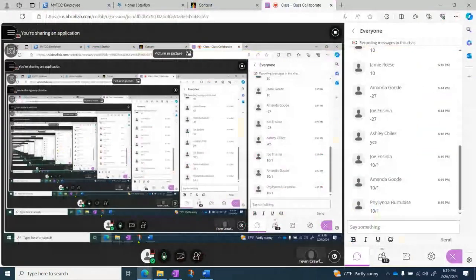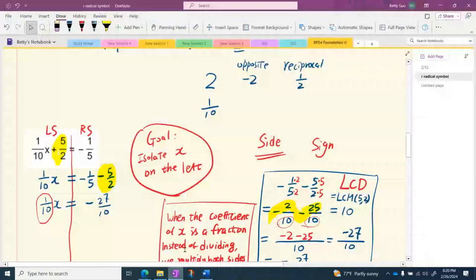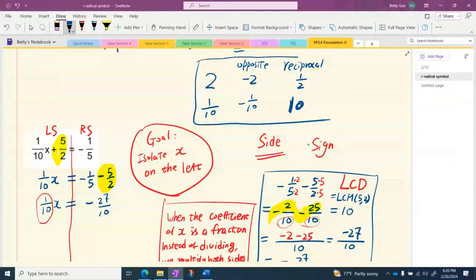The opposite is -1/10. The reciprocal, you are right, is 10. Very good. The reciprocal is 10. Okay, perfect. I hope you can keep this, to see the difference between opposites and the reciprocal.